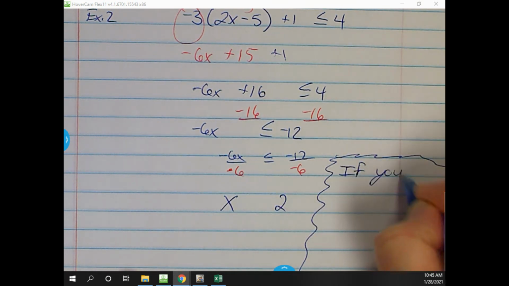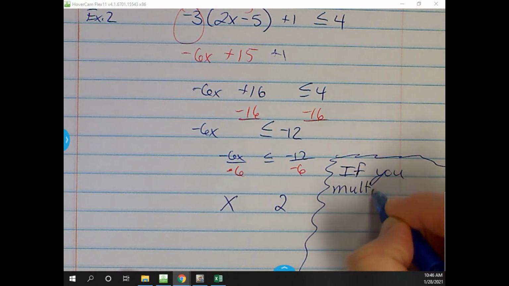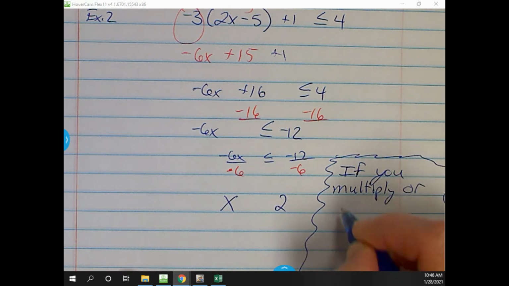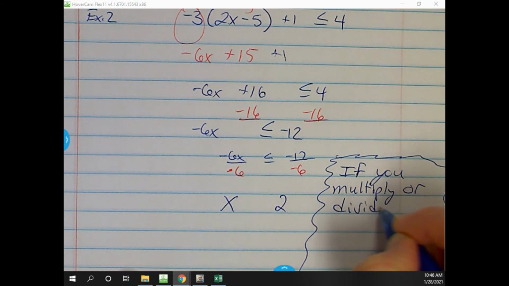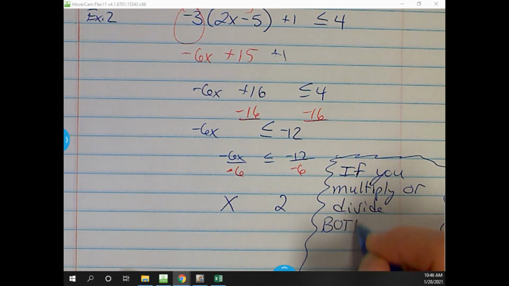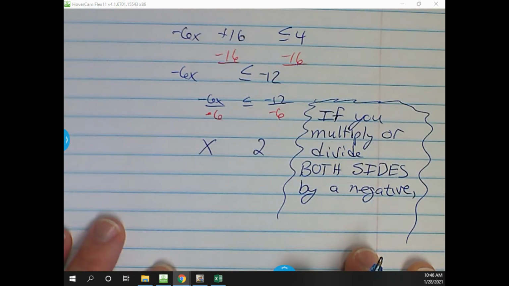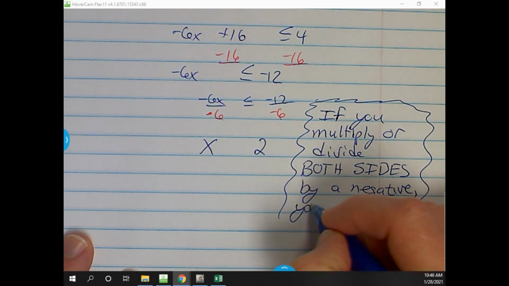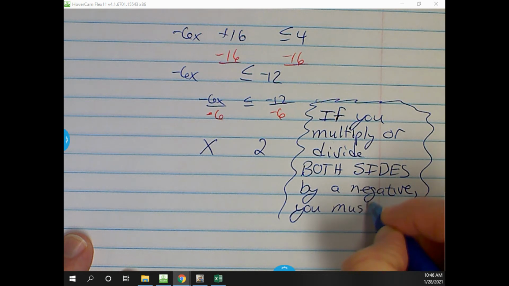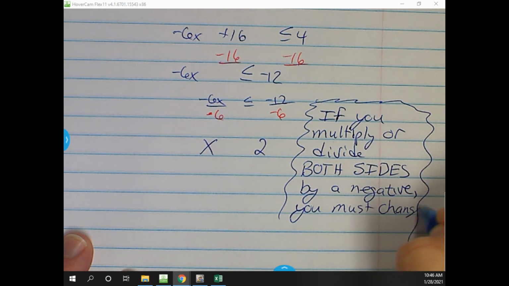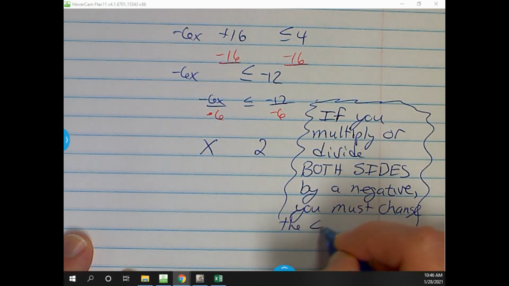If you multiply or divide both sides by a negative, here's the key part, you have to change your less than or greater than sign.